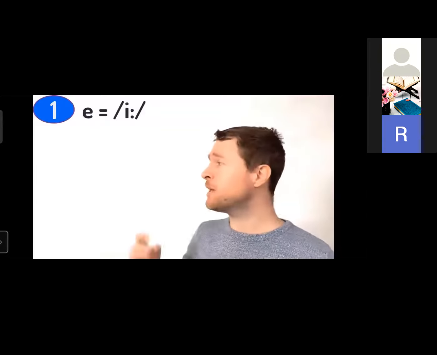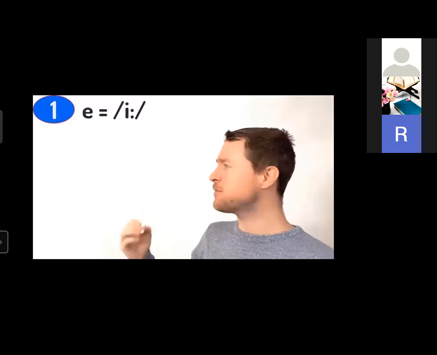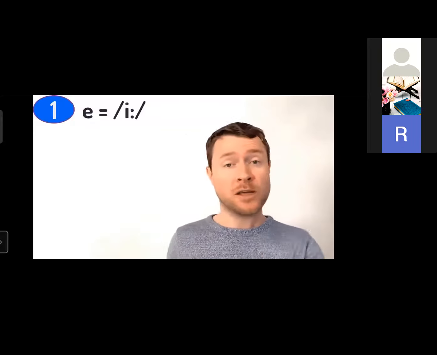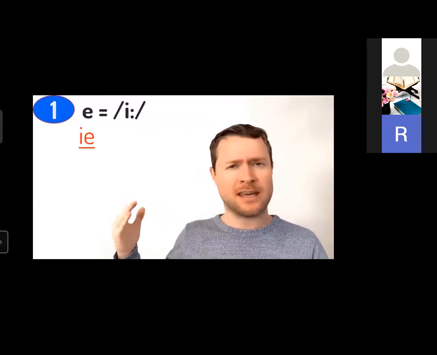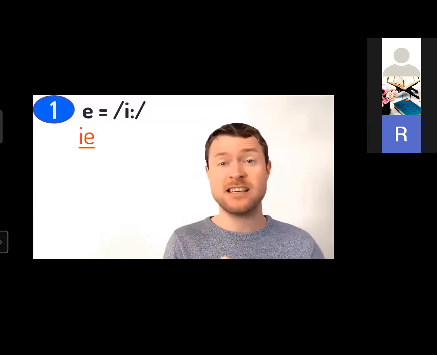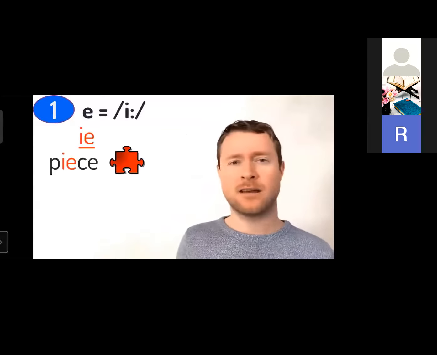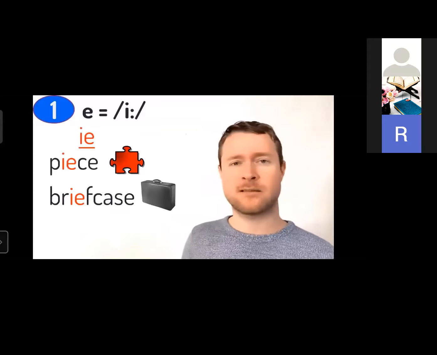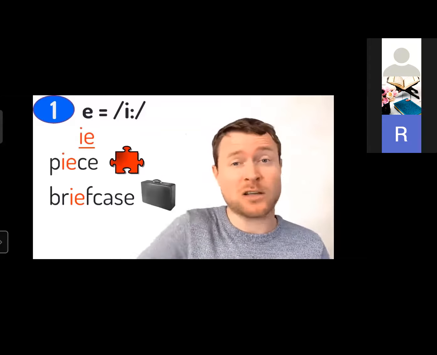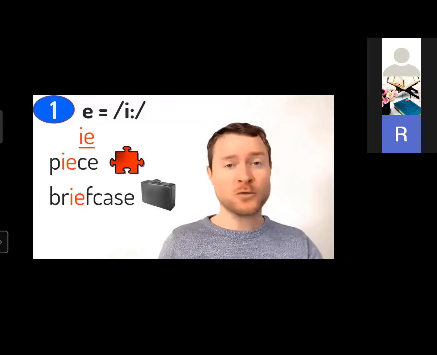Receipt. Okay? Also, we can turn it around. Instead of the E before the I, we can put the I before the E. And that combination of letters is also pronounced E in words like peace and briefcase. When you go to work, you carry a briefcase.